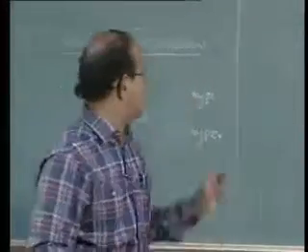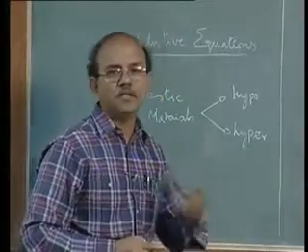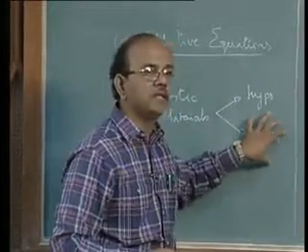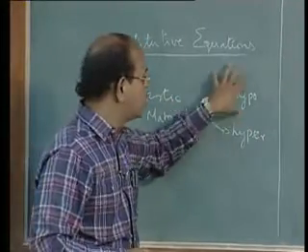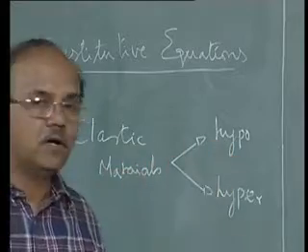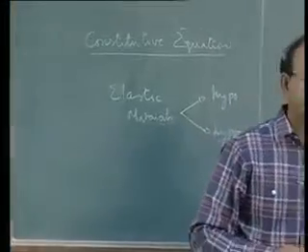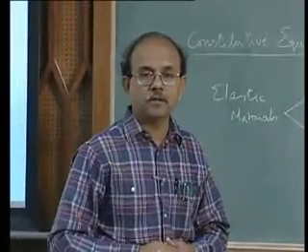It is not like hypoelastic materials are rubber, hyperelastic materials are say steel. No, hypoelastic and hyperelastic are ways of representing elastic materials. They are two schools of thought. Hypoelastic materials are also called Cauchy materials, and hyperelastic materials are also called Green elastic materials.